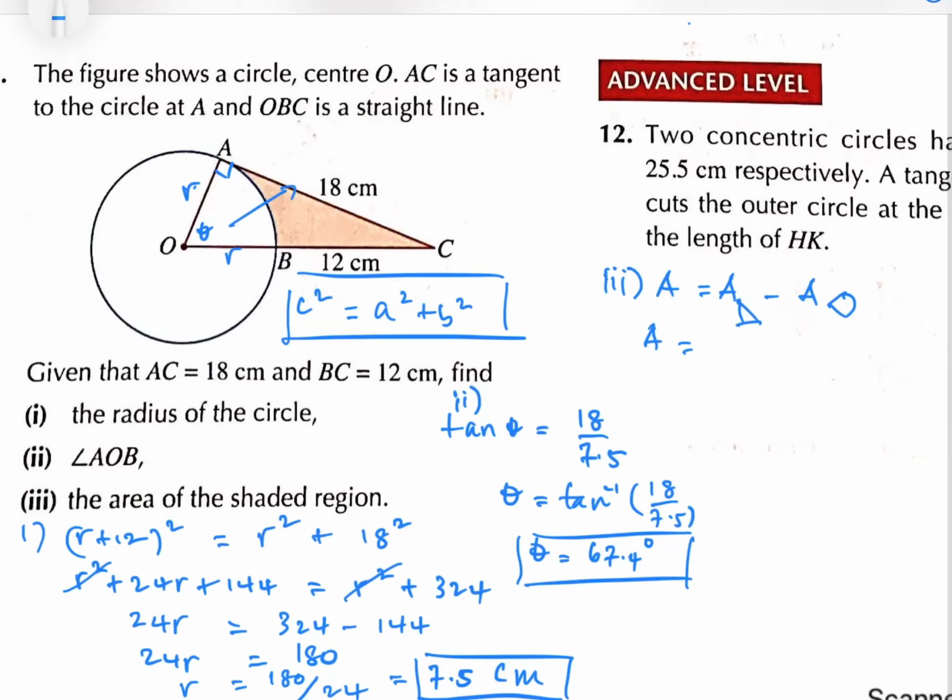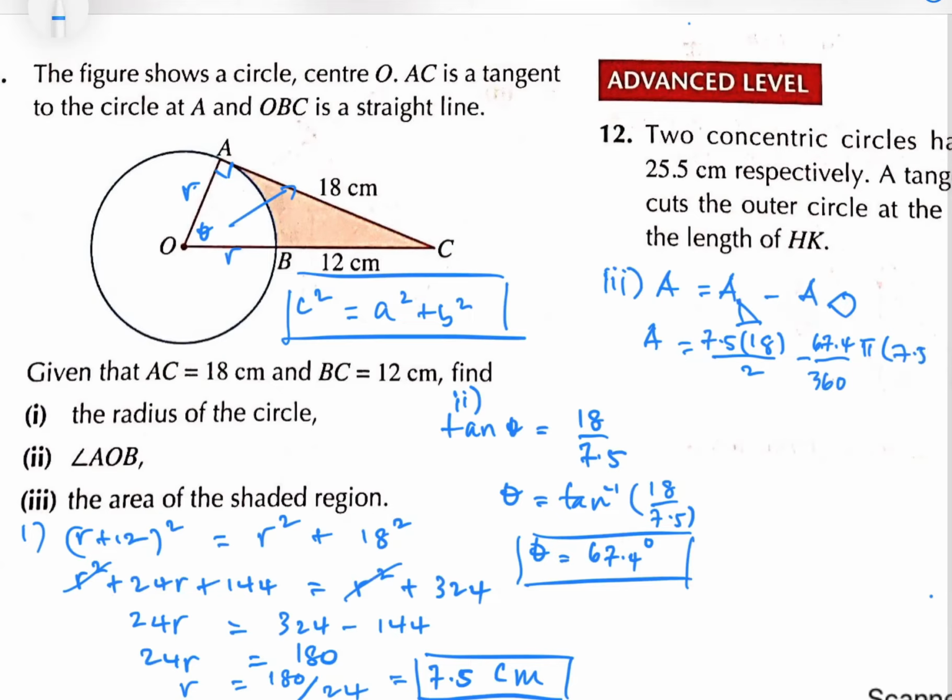The area of the triangle is base times height divided by 2, so 7.5 times 18 divided by 2, minus the area of the sector, which is 67.4 being part of the circle, so divided by 360 times pi r squared.